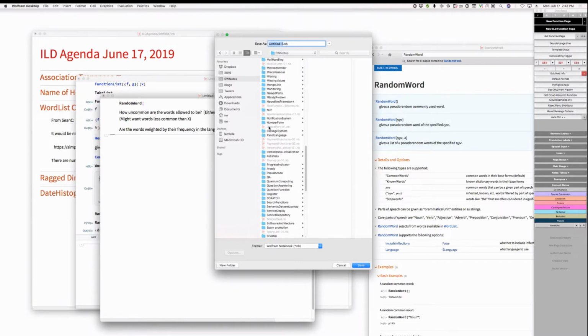Any thoughts on where this should go? Or do I have to make a custom thing here? I don't think you have a text utility. I have NLP. I'm going to put it under NLP. Yeah, makes sense.